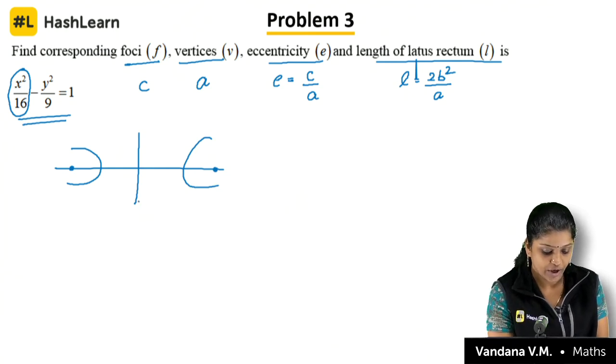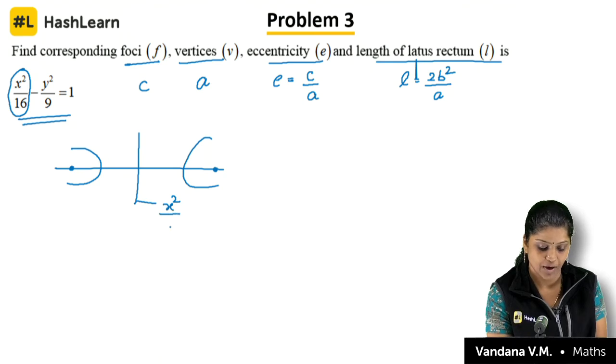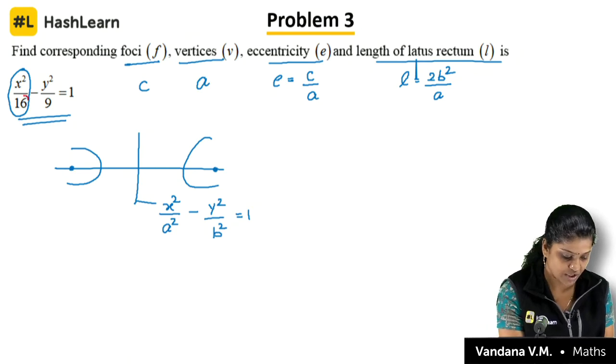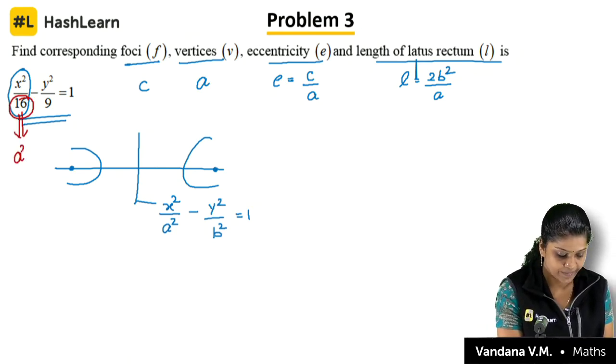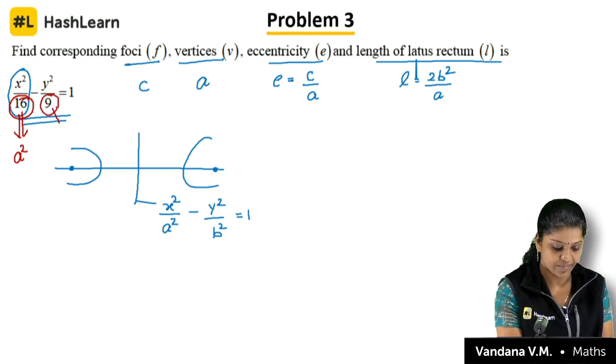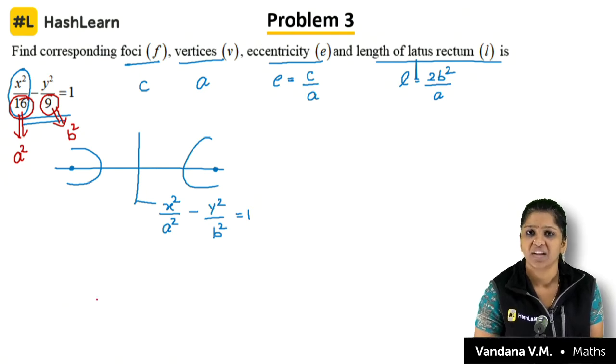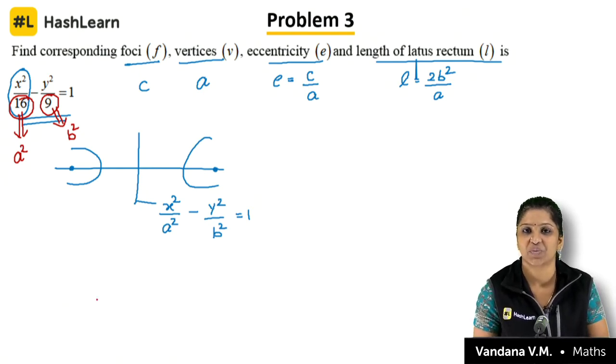Now, the equation for this kind of hyperbola will usually be x square by a square minus y square by b square is equal to 1. Now, from the given equation, I can easily make out this is the value for a square, this is the value for b square. When we know a and b values, it is very simple to find out the remaining terms.